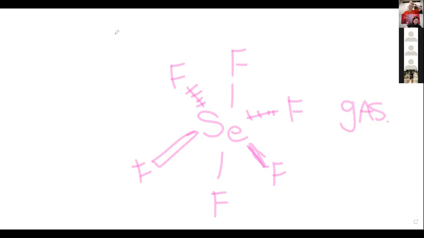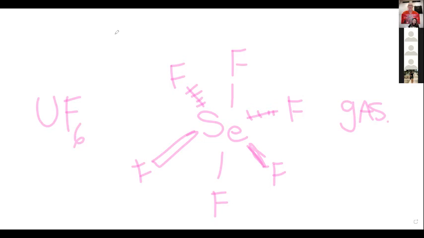And you can actually turn something as big as uranium into a gas. Uranium, you can turn into a gas by making uranium hexafluoride. In fact, that's how you enrich uranium, by spinning it at a very, very high speed.